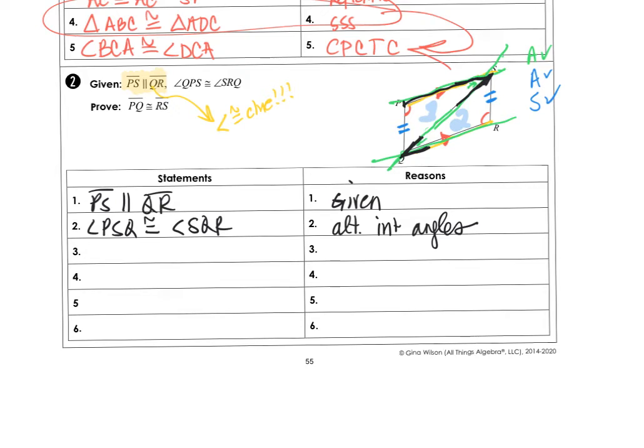All right. So there's one of the A's. We're given the other A, QPS is congruent to angle SRQ. That was given. All right, so there's the other A. And then I think we have a side because they share this side. So side QS is congruent to SQ, or QS to itself, reflexive.